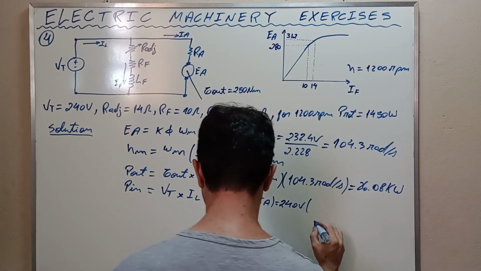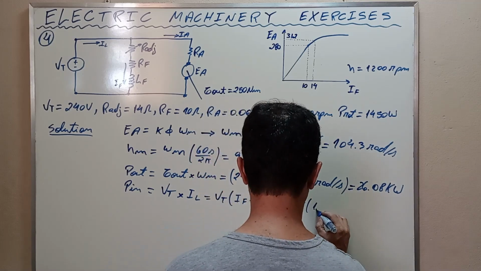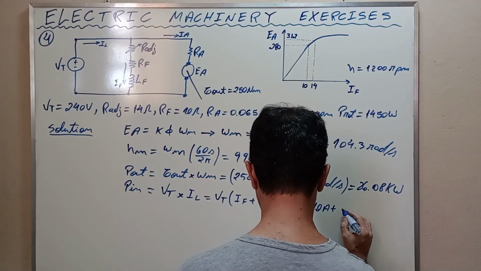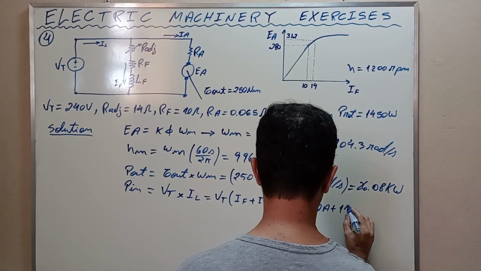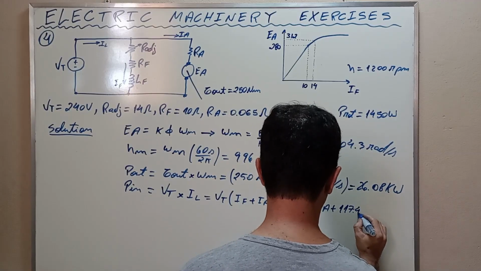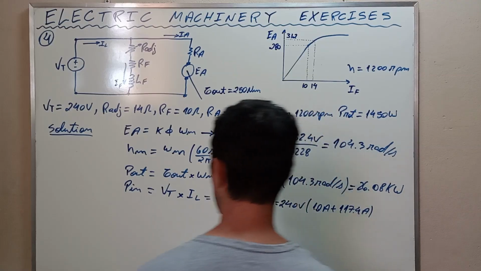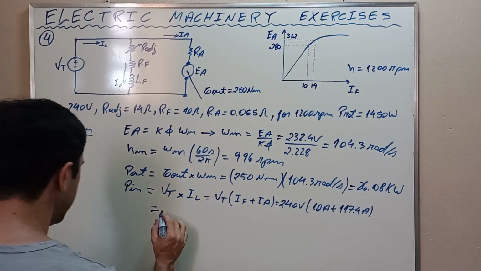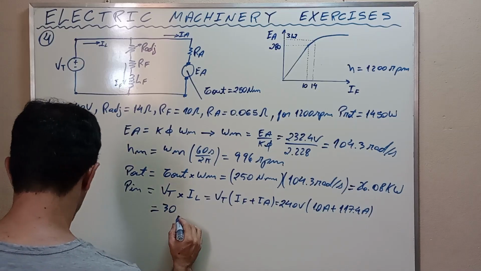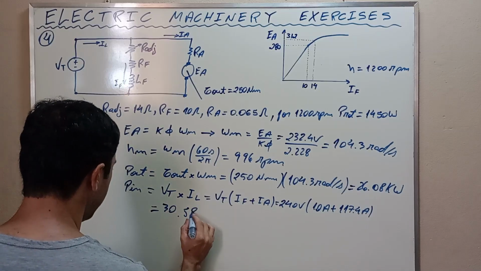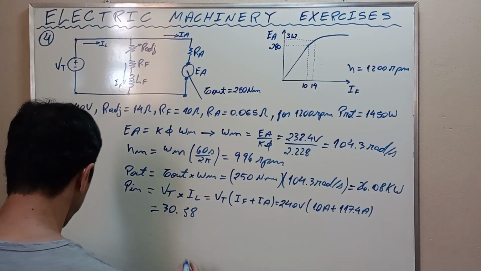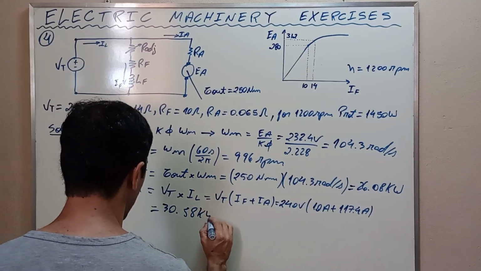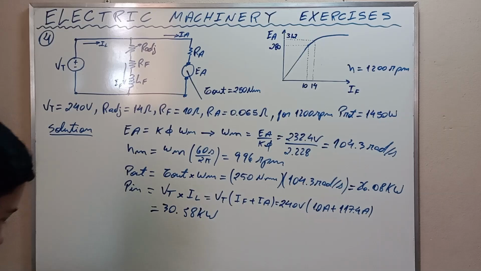So it is going to be equal to VT times IF plus IA, and this is equal to 240 volts times 10 amps plus 117.4 amps, and then our input power is going to be equal to 30.58 kilowatts. Okay, and consequently, this is the last result.